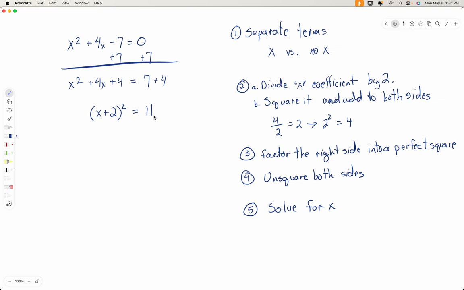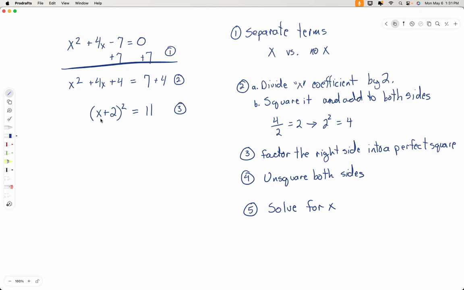We're really just simplifying both sides on this third step right here. This was step 1. This was step 2. And this is step 3. We factored the right side into a perfect square, and when we did that, we went ahead and did this simple math right here.